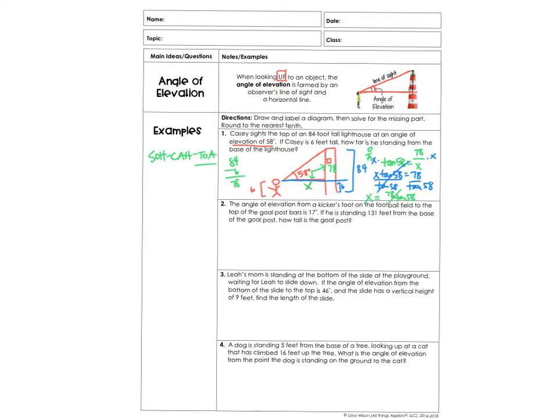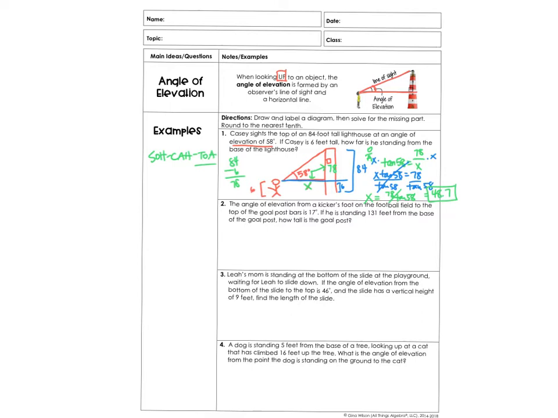So we need to do that math in our calculator. So 78 divided by tangent 58, and you get 48.7 feet. So that's how far he's standing from the base of the lighthouse.